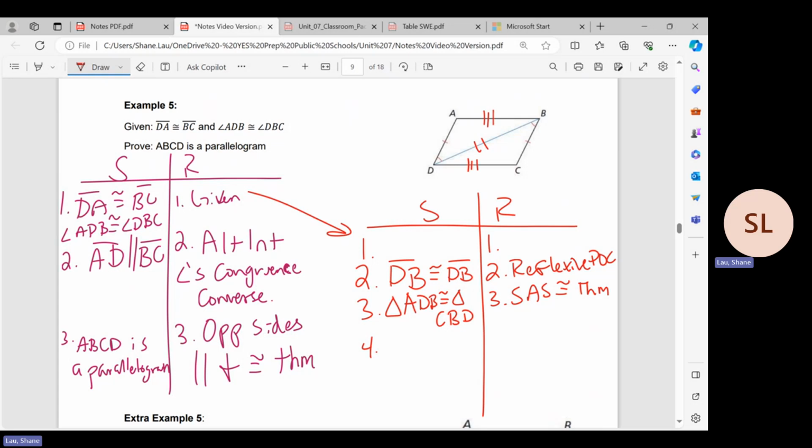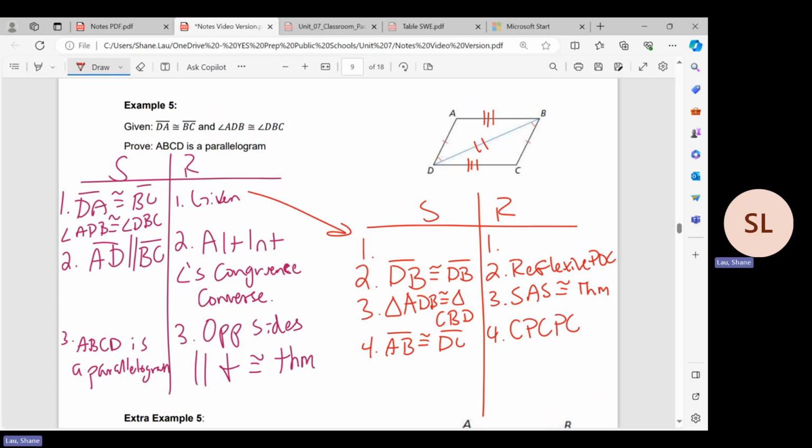So we know that AB is going to be congruent with DC. And that's the topic that we call CPCTC. Remember, CPCTC means corresponding parts of congruent polygons are congruent.